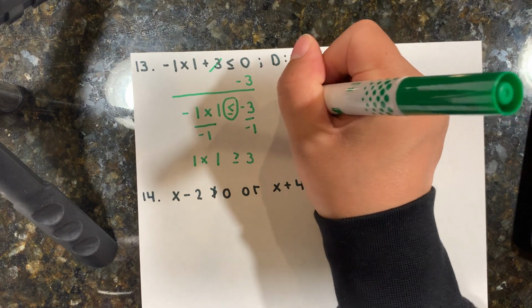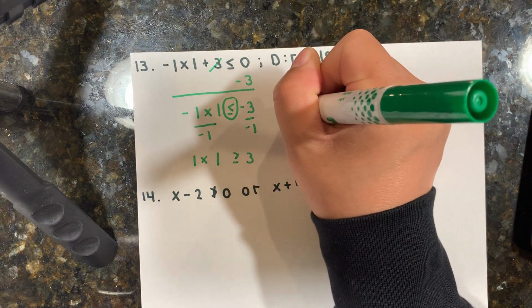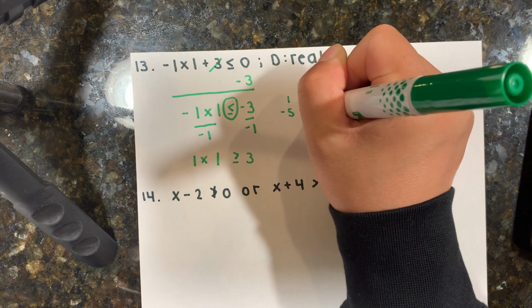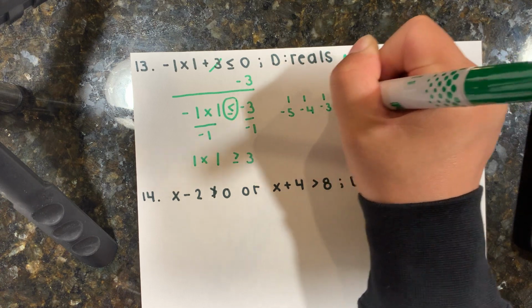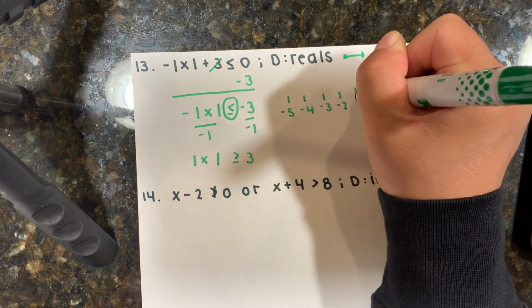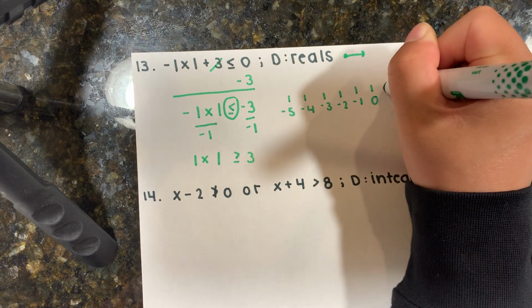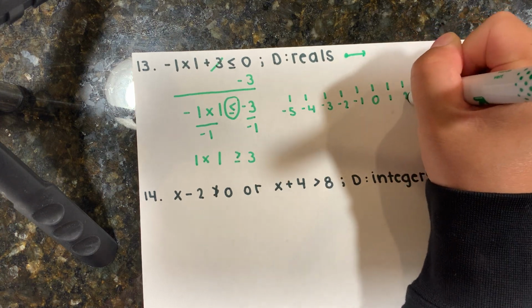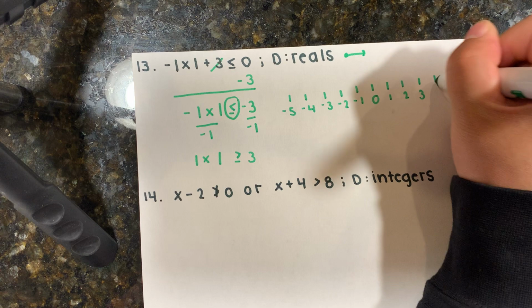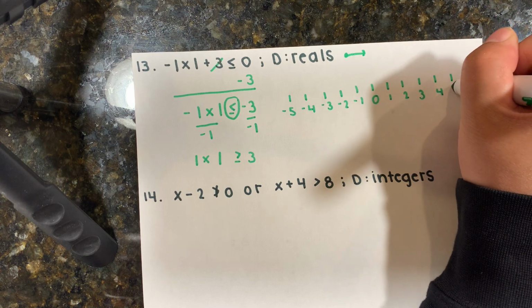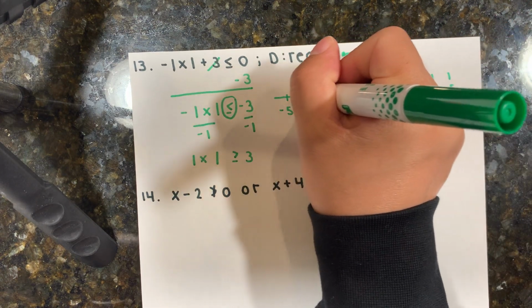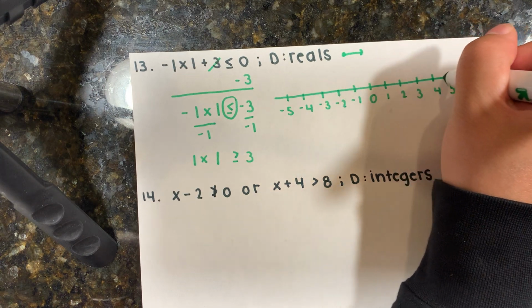So this is going to be my number line. And my two endpoints are going to be on 3 and -3.